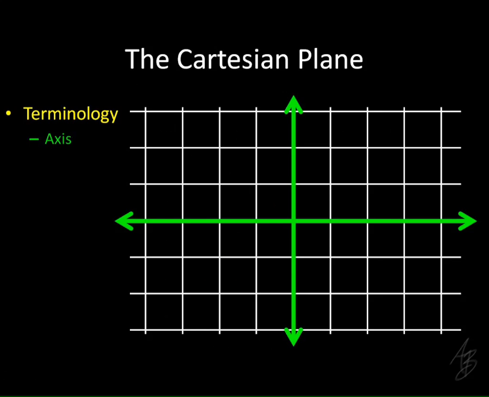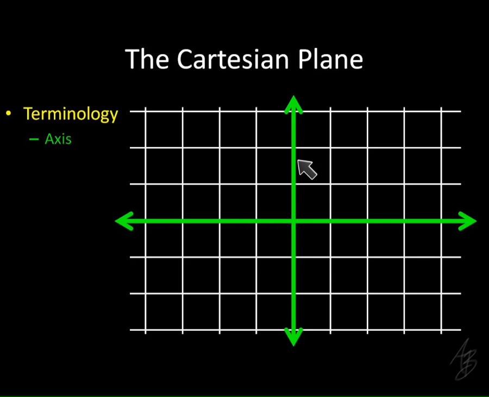So let's talk about some terminology. What's an axis? What lines? There's a bunch of lines up there. The green ones, right? So axes is plural for axis. What do we call them? X and Y. There's an x-axis and a y-axis. Which axis is this one?